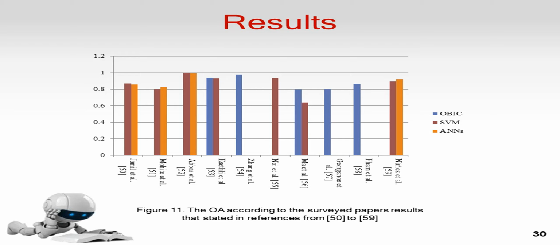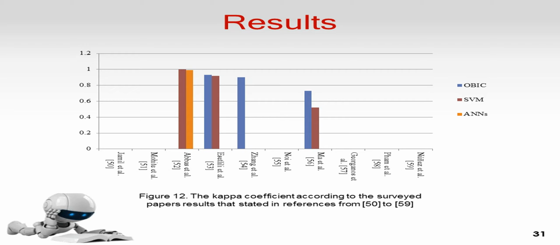But we see in one paper that the accuracy of object-based image classification is less than the accuracy of SVM and ANN in another. That means that the dataset type and the research environment can affect the overall accuracy of the learning model. The previous slide shows the overall accuracy for comparing the surveyed papers.